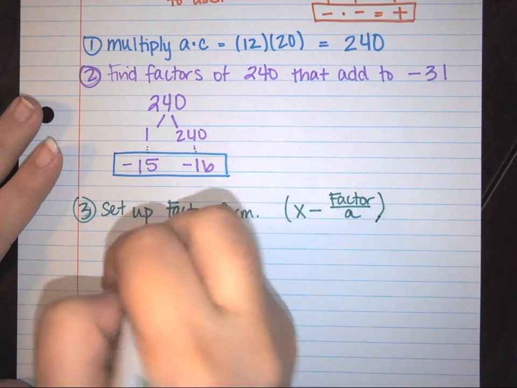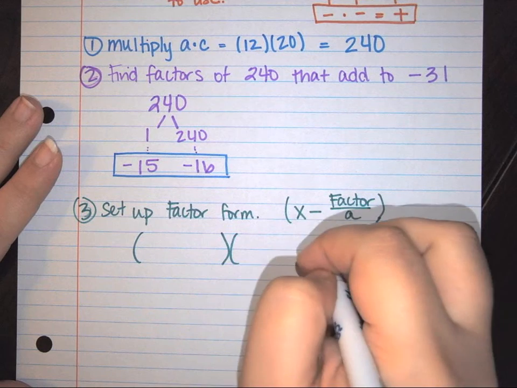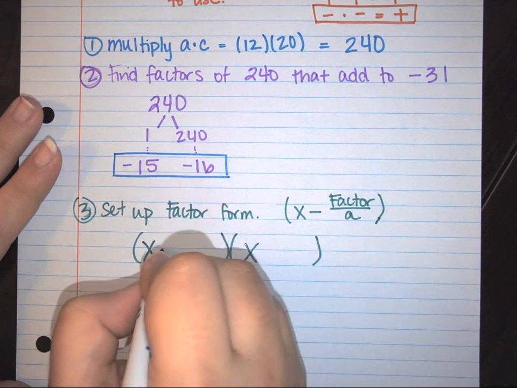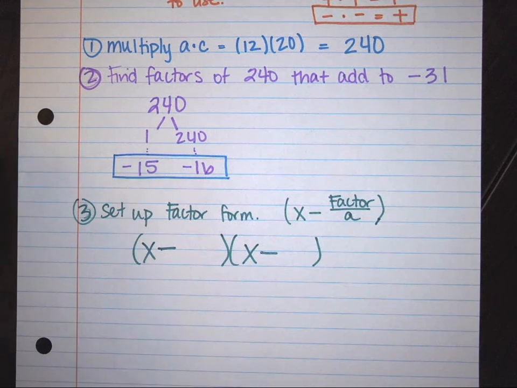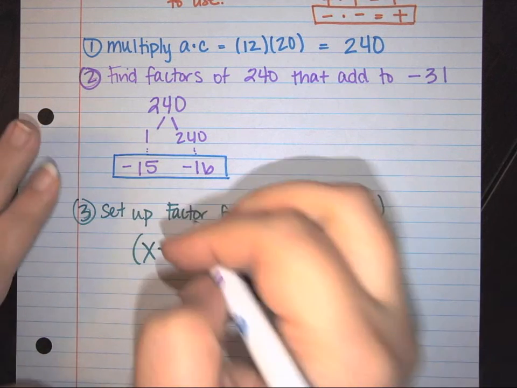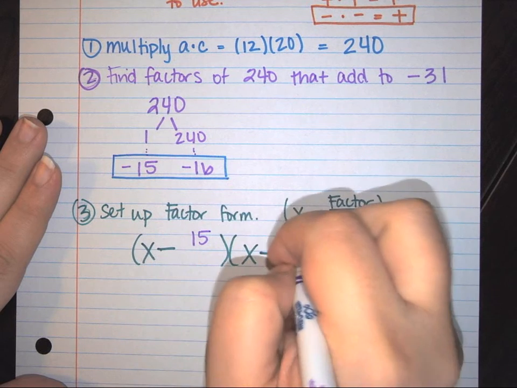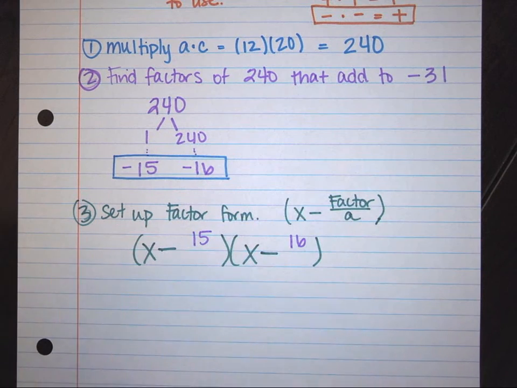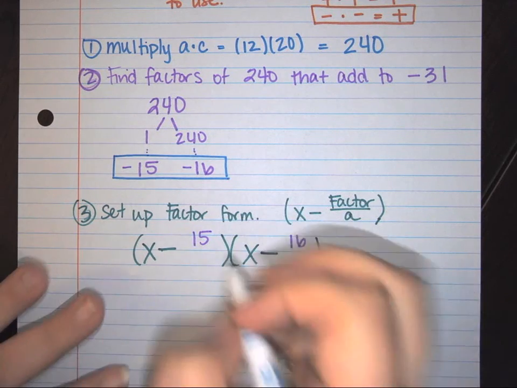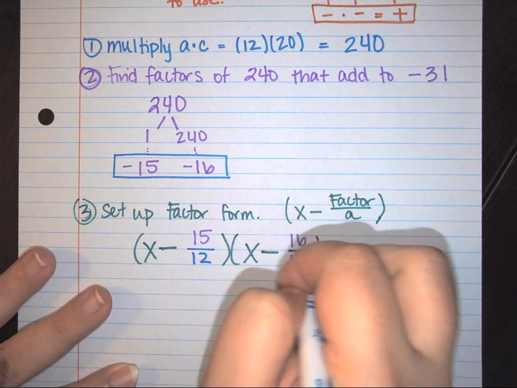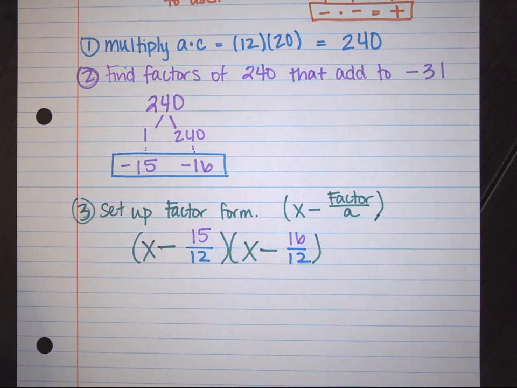So here I'm going to set up my two binomials. I know I have x, and then both signs were negative. And I found my factors to be 15 and 16. And then my a term was 12. So this is over 12 and over 12. Okay.